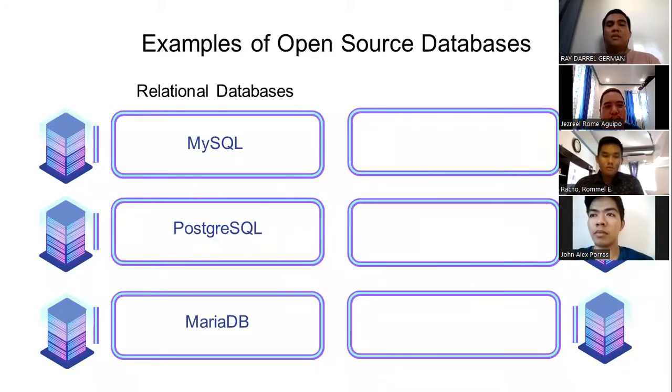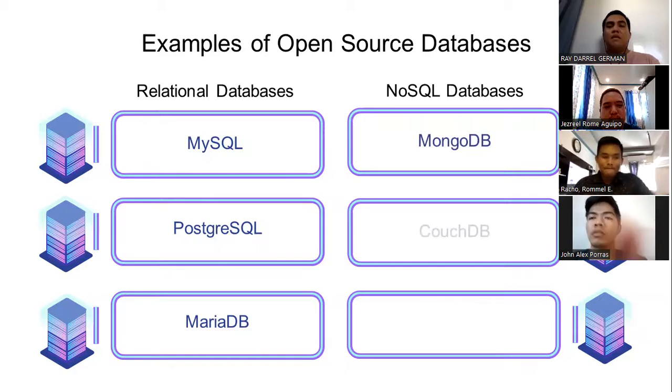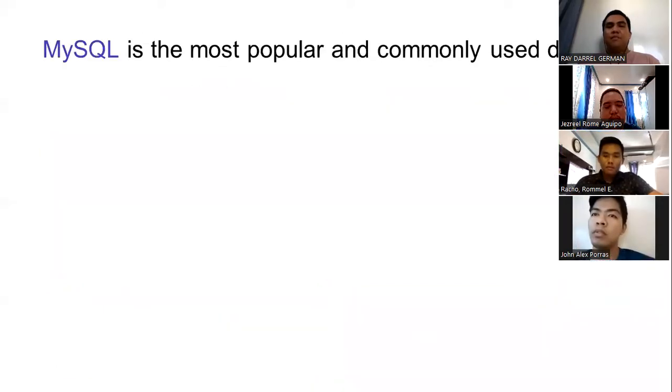In NoSQL or non-relational databases, here are the examples: MongoDB, CouchDB, and Cassandra. MySQL is the most popular and commonly used database.